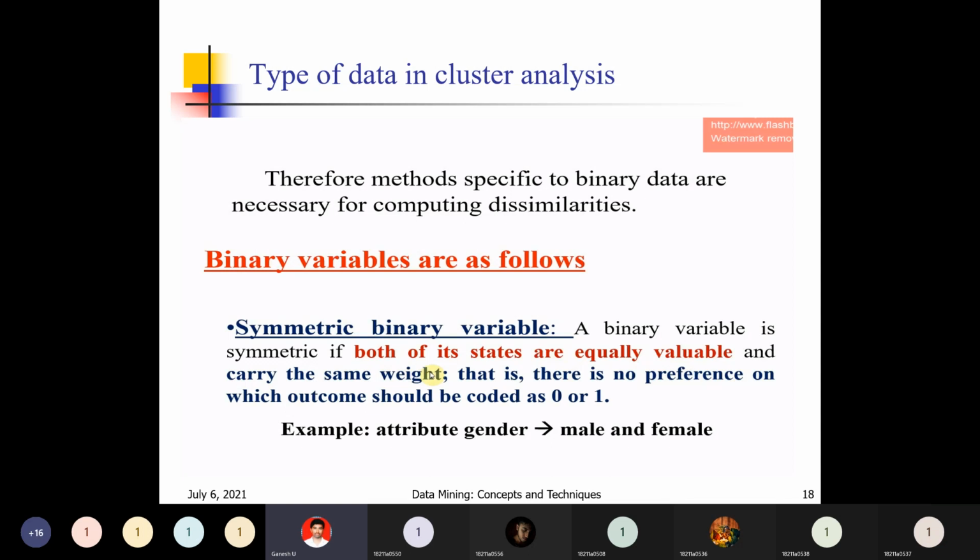There is no preference on which outcome should be coded as 0 or 1. So for the gender attribute, if it is 0 or 1, there is no problem. Why? Because employee gender is male or female, that is human. So there is no difference. That is a symmetric binary.